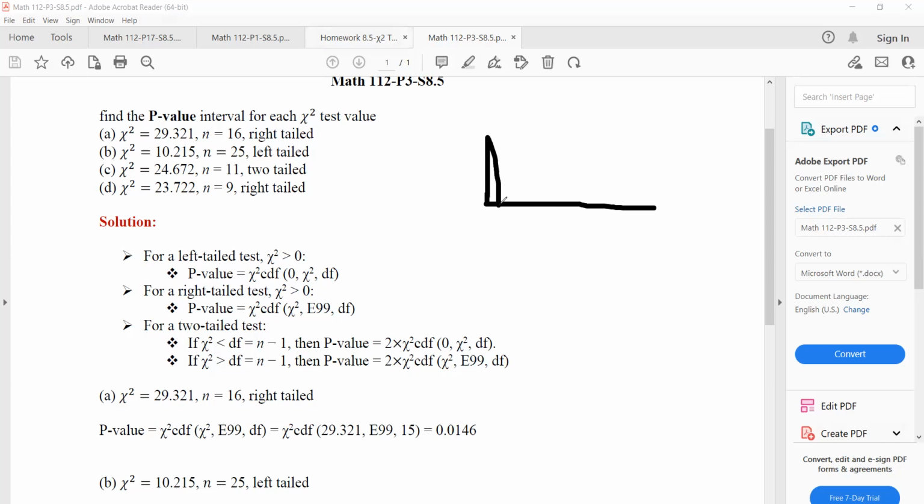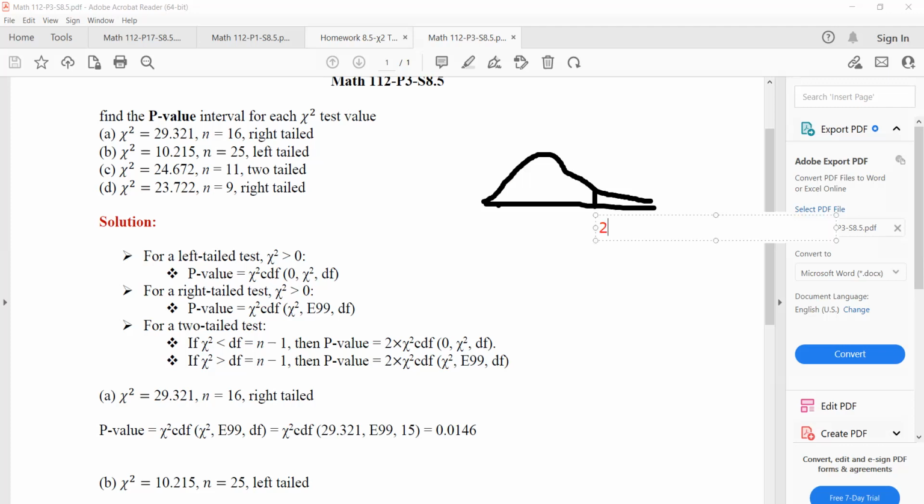Okay, so here's my distribution, and it's a right tail. So wherever my chi-square is, maybe it's there, this is 29.321.